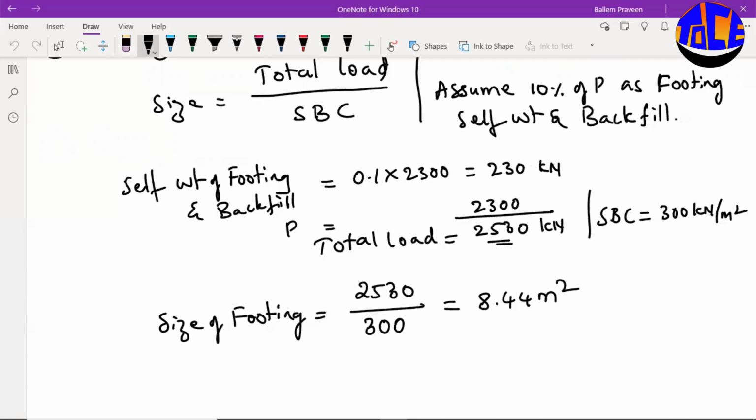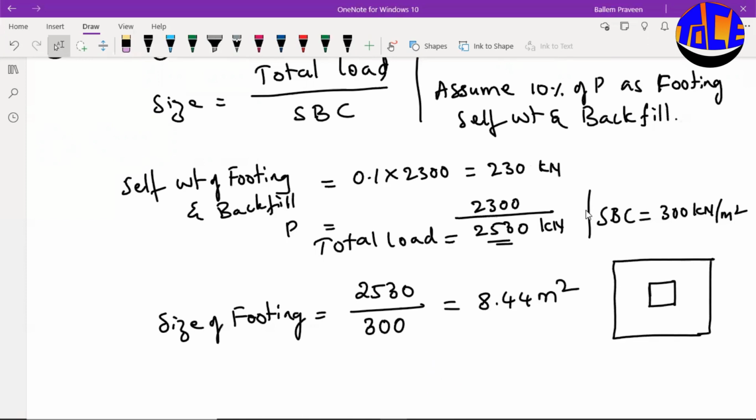Since he has not mentioned whether it is a square footing or rectangular footing, how will you decide? It depends on the size of the column. Here your column is a square column, so it is desirable to provide a square footing as well.